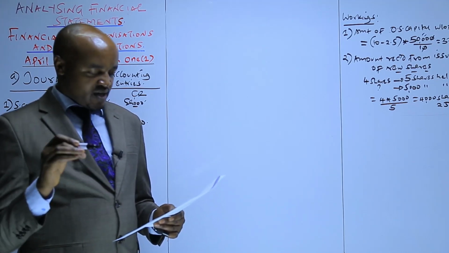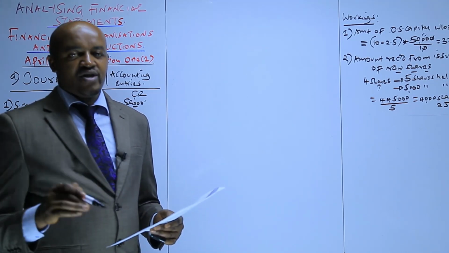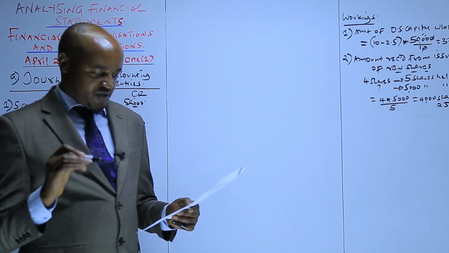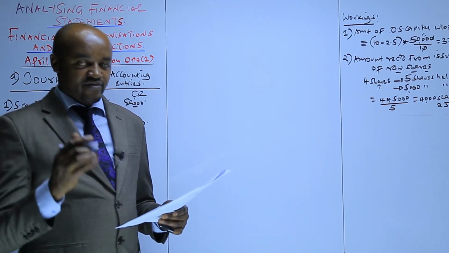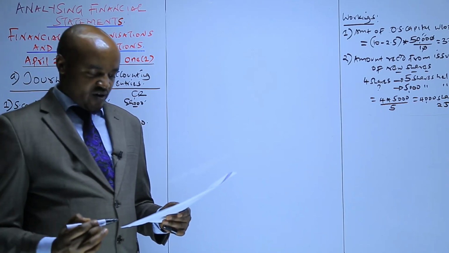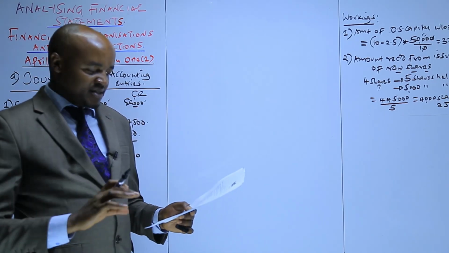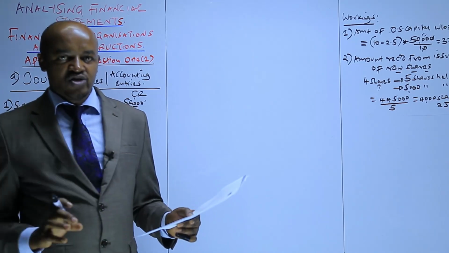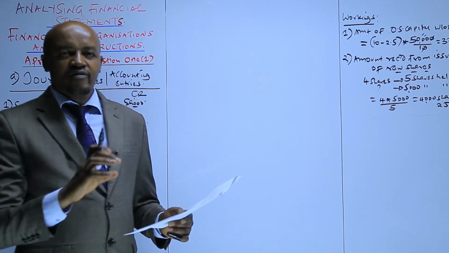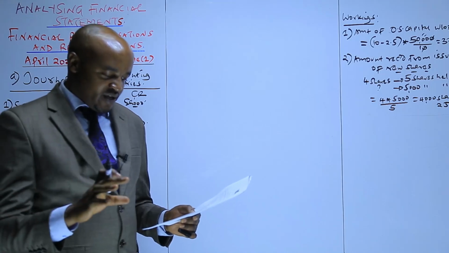So now we are told the holders of those particular loan notes have accepted a reduction in the rate of interest from 15% to what? To 12%. In other terms, what that means is that the 15% loan notes issued by the company will be exchanged with now 12% loan notes. We need to account for that.